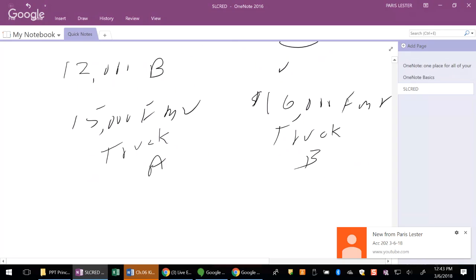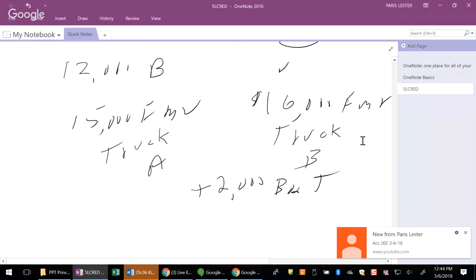Now, if we receive $2,000 boot, let's look at boot. That's the purpose of these examples. You got $16,000 for your truck. Your basis is 12, but you got $2,000 boot. So now what is your gain?